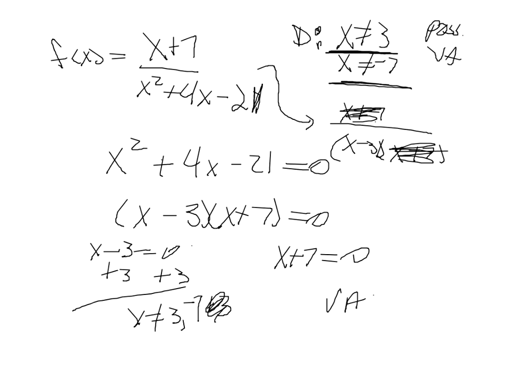So my vertical asymptote is at x equals 3, and I have a hole at x equals minus 7.